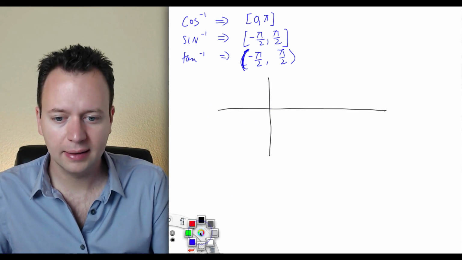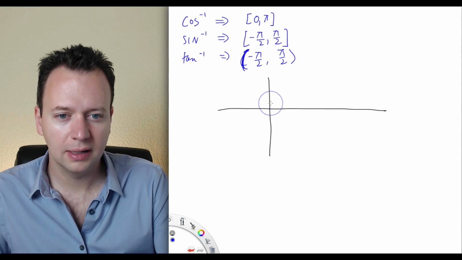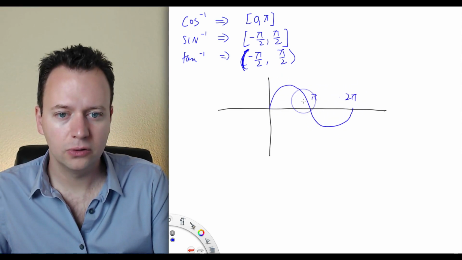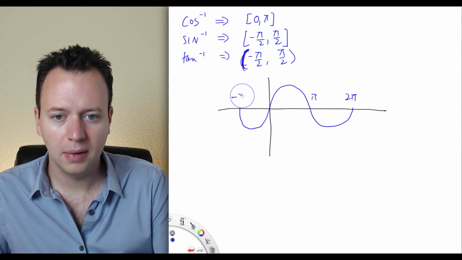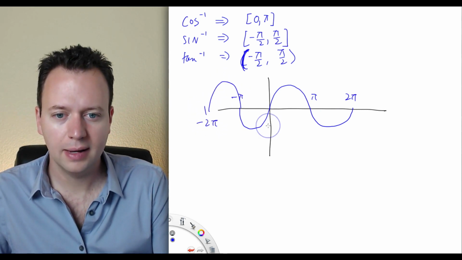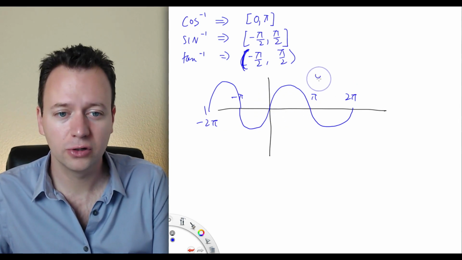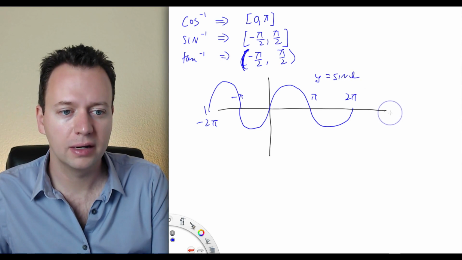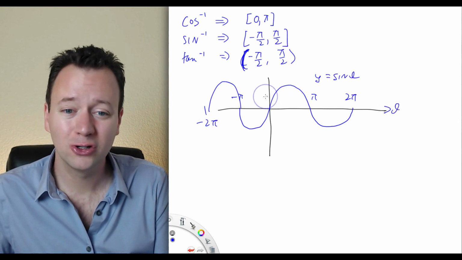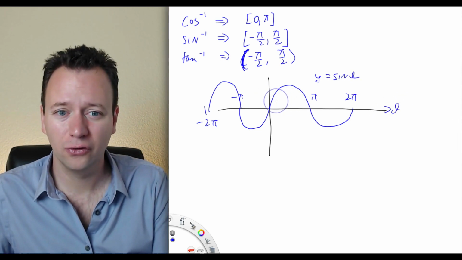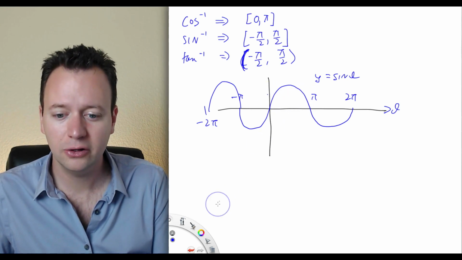So sine looks like this. So there's pi, 2 pi, minus pi, minus 2 pi. So we can't go from 0 to pi because, so this is y is equal to sine of theta, the sine function is not invertible on the interval from 0 to pi because for any output you have 2 inputs that lead you there.